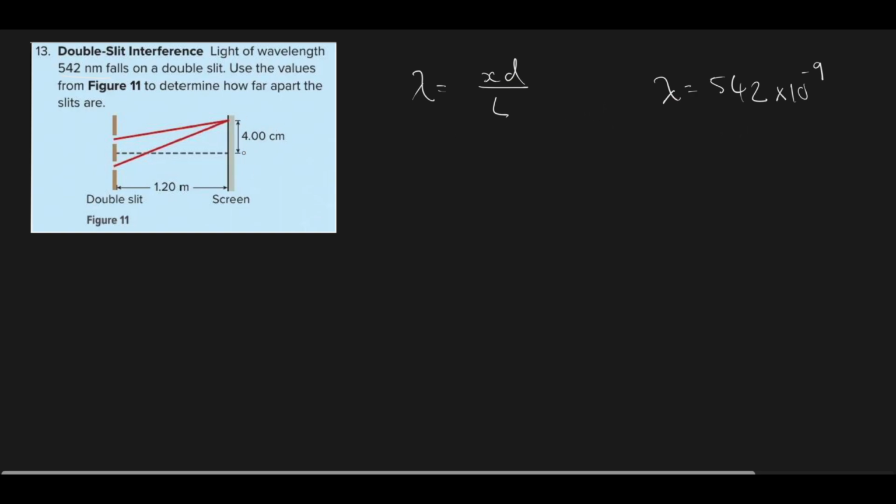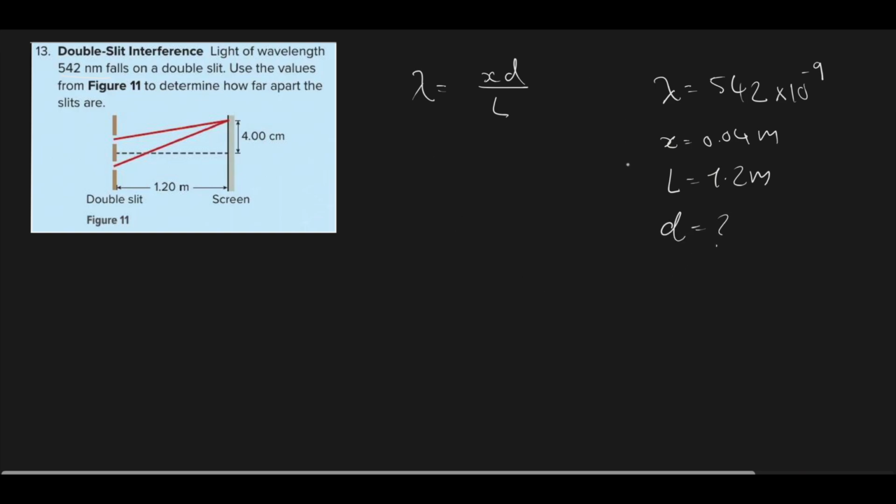We have the distance between each band, which is 4 centimeters, so x is equal to 0.04 meters, and we know L to be equal to 1.2 meters. The thing that we don't know is d.